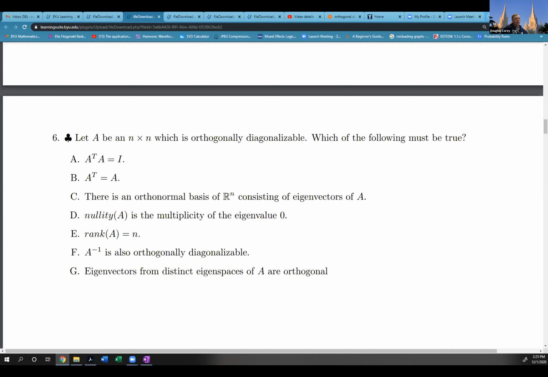That's one of the things that's equivalent. It means that all of the rows or columns are linearly independent. It means that the dimension of the null space is 0. But we just talked about how that doesn't have to be the case. You can have eigenvalues of 0. If you have eigenvalues of 0, then A is not invertible, so it can't be full rank, and that's okay, and it can still be orthogonally diagonalizable.